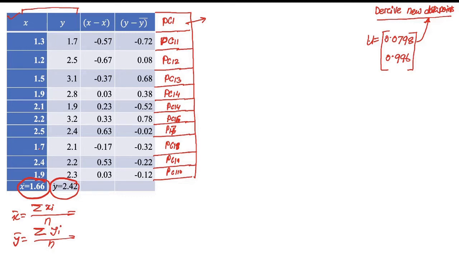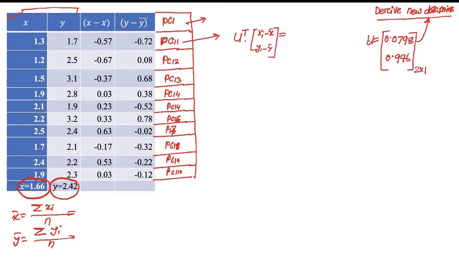The first component of principal component 1 is called PC11. We denote it as PC11, PC12, PC13, that way. So let's see how to compute PC11. To compute PC11, we will perform the operation U transpose, where U is a matrix of order 2 by 1, into the element xi minus x bar and yi minus y bar.